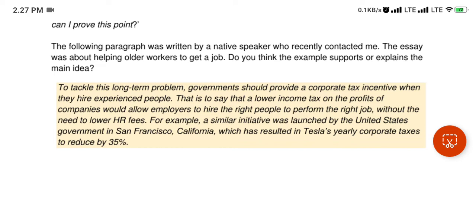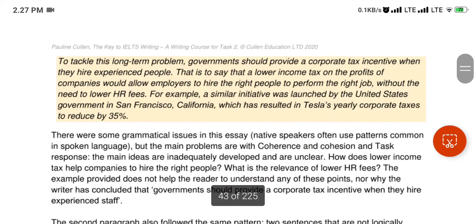For example, a similar initiative was launched by the United States government in San Francisco, California, which has resulted in Tesla's yearly corporate taxes to reduce by 35%.